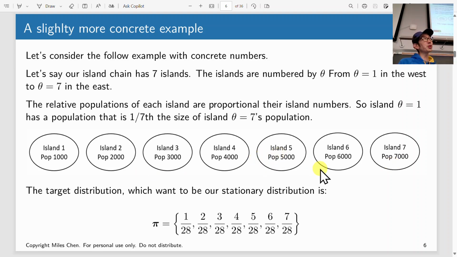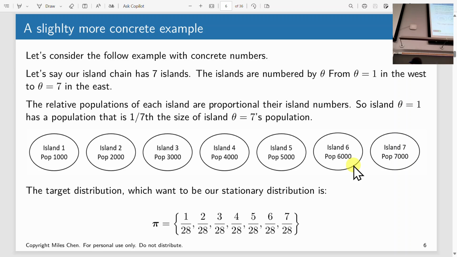So the total population of the entire island chain is, what, 28,000? And basically, our target distribution is going to be 1,000 over 28,000, or 1 out of 28 here, 2 out of 28 here, so on and so forth, up to 7 out of 28, or 1/4.